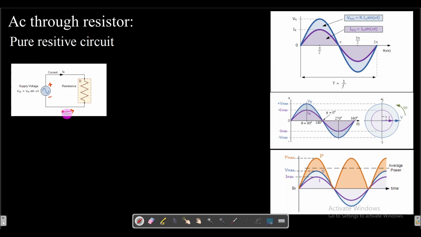Now we know that this alternating supply voltage is changing its polarity, and now this side becomes negative and this becomes positive. Again, that same electron will move from this mean position toward this side.